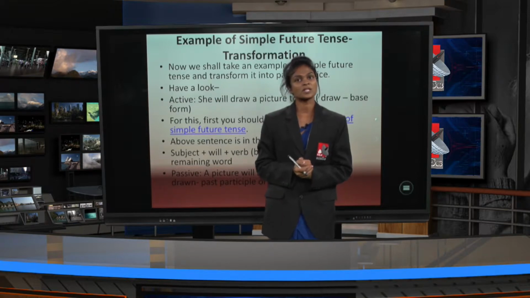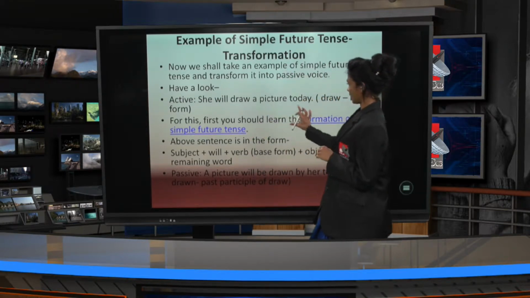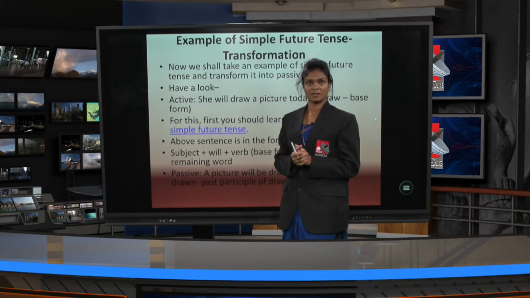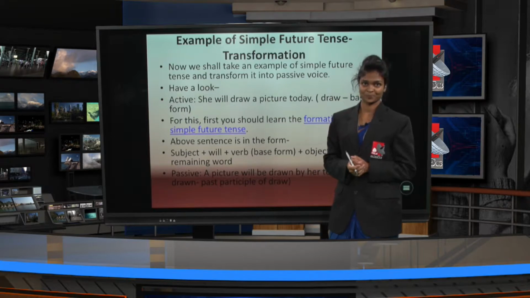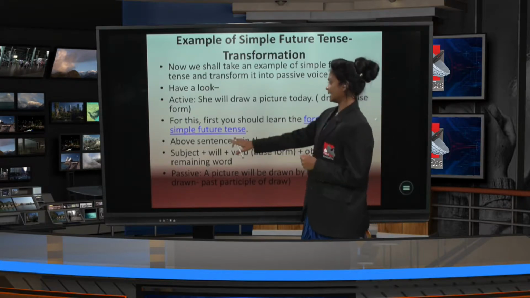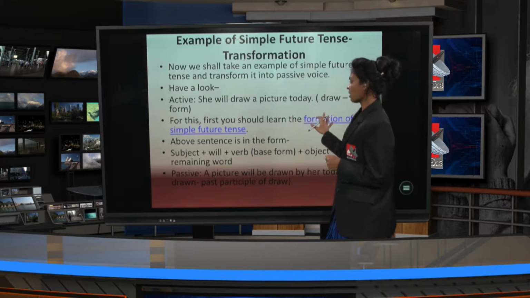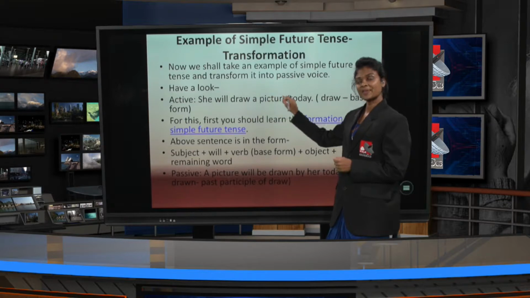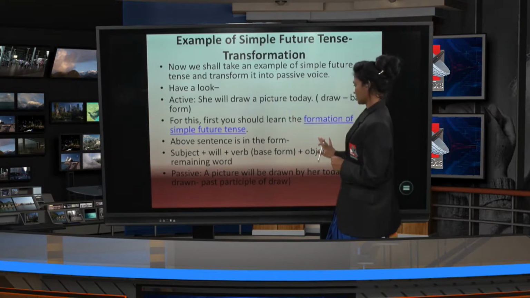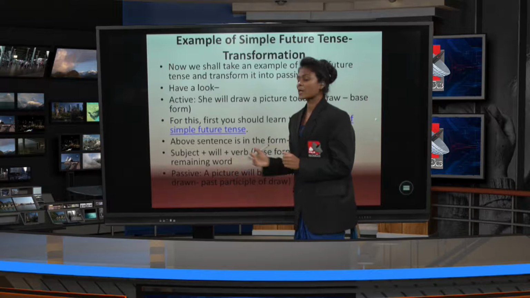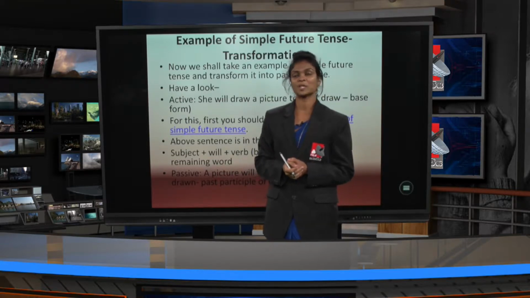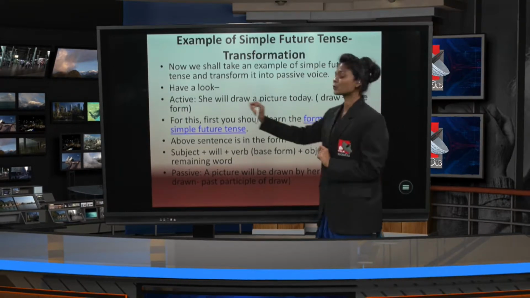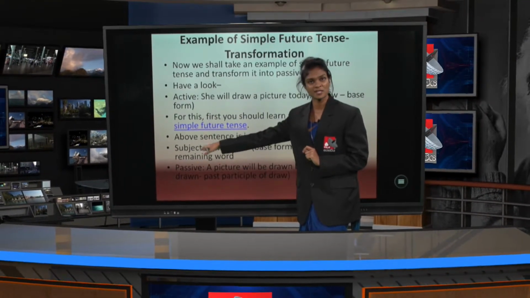For this, first you have to be aware of the format of the active sentence, as well as in simple future. Then the above sentence is in the form how? Subject, will plus verb, then the object. Then how do we make this passive? You have to take this object to the front as an acting subject.